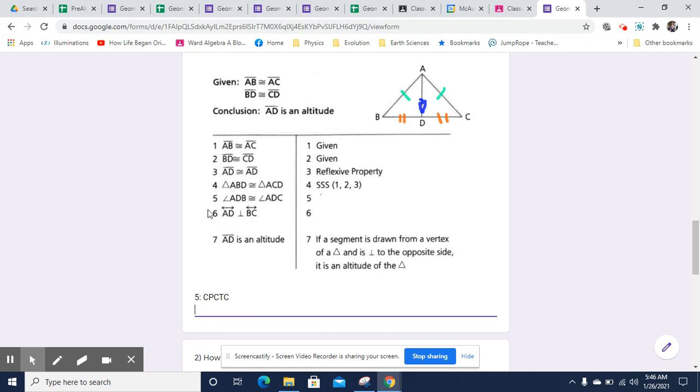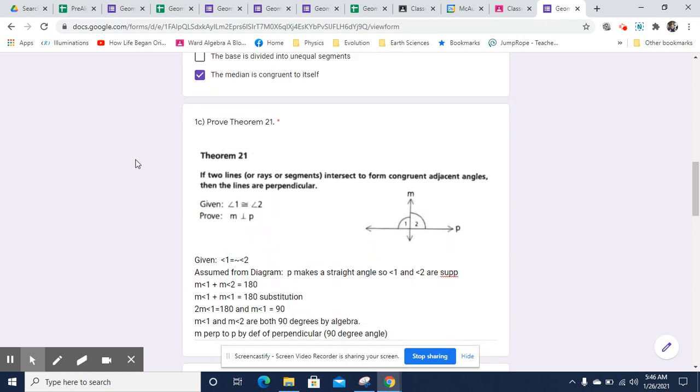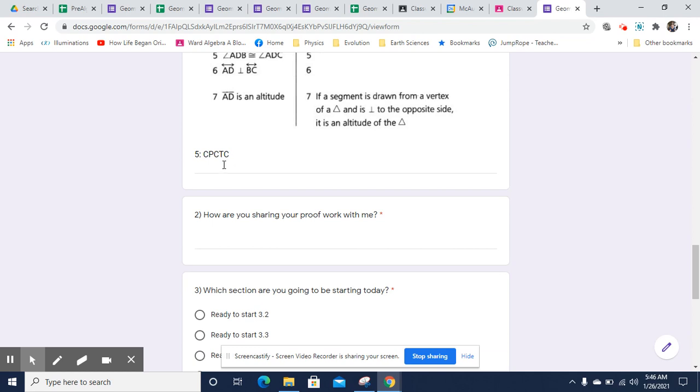And then AD is perpendicular to BC. Well, that's Theorem 21 up here. That's the adjacent angles theorem. So we can say 6 is the adjacent angles theorem, which you could summarize here.